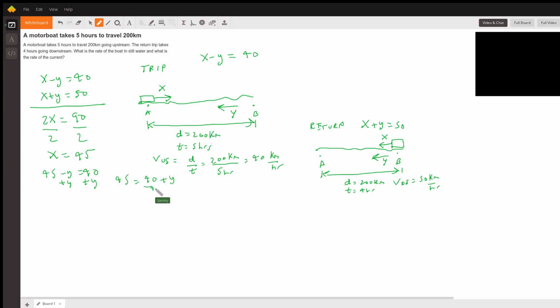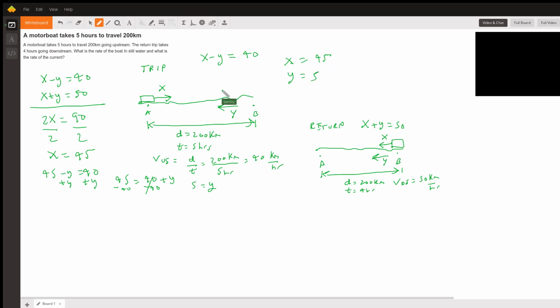Then we subtract 40 from both sides, so 45 minus 40 is 5, and so y equals 5. So we have x equal to 45, and y equal to 5.